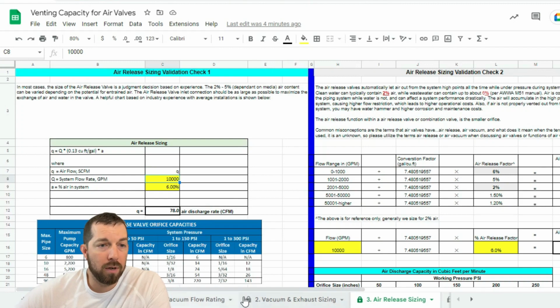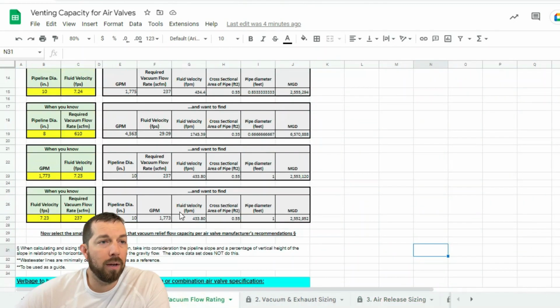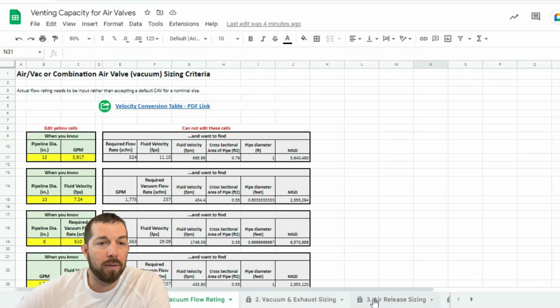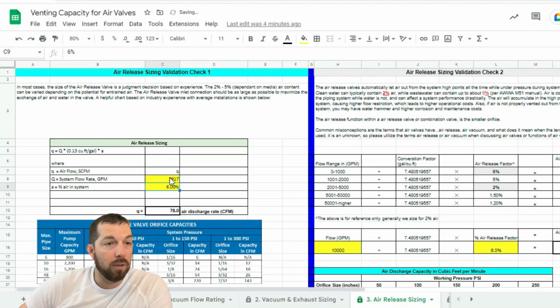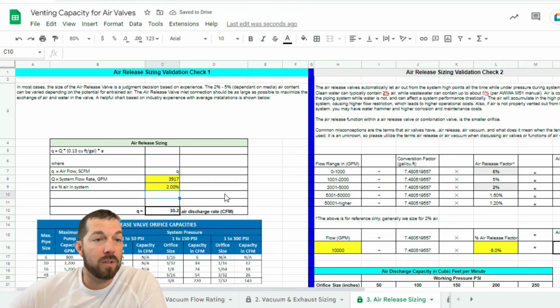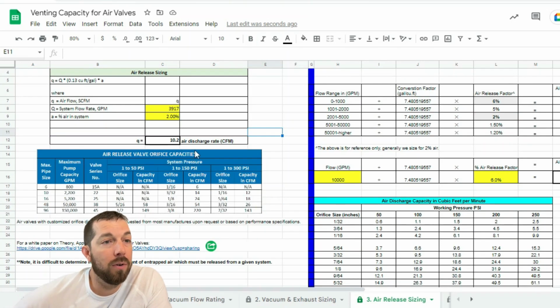So let's go back. We had 3917. We're going to put in 3917. Let's say this is for potable water, so we're going to put it at 2%. That's the air release that we need to flow under the condition that we just came up with in this example.